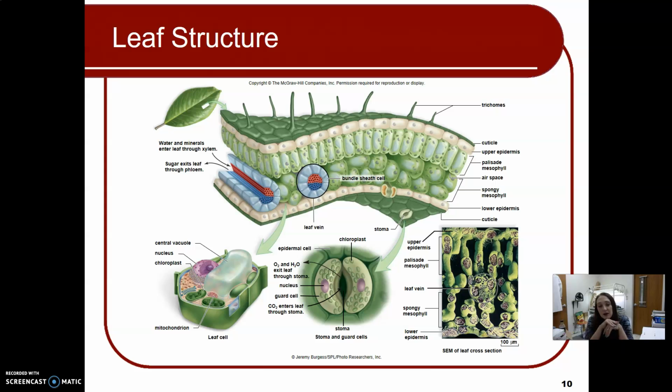And they can open up to let water evaporate out. Now, this is also, more critically, where oxygen and carbon dioxide are being exchanged. Oxygen leaves the leaf, carbon dioxide comes into the leaf. Now, plants don't want to lose a whole bunch of water, especially desert plants. They want to hold on to their water.